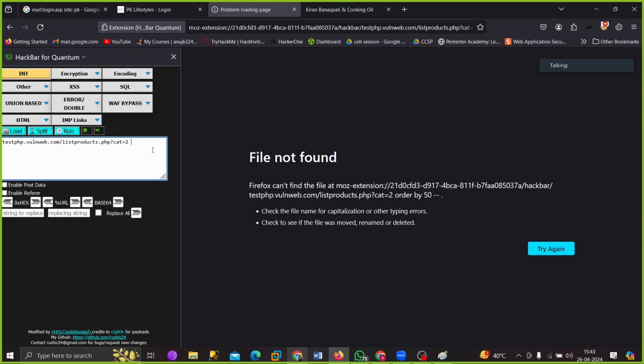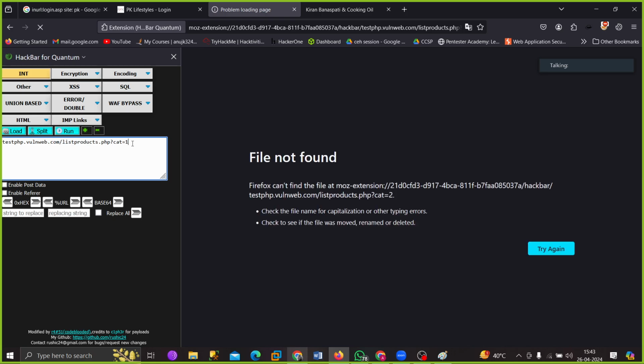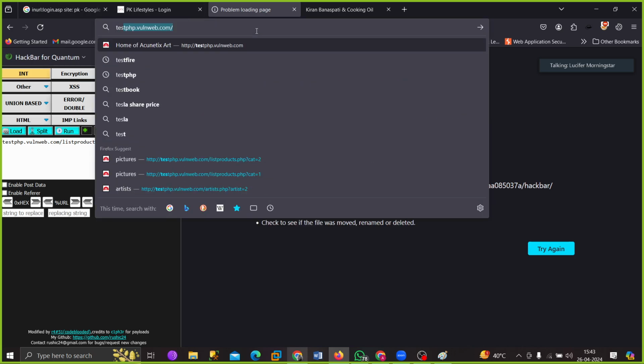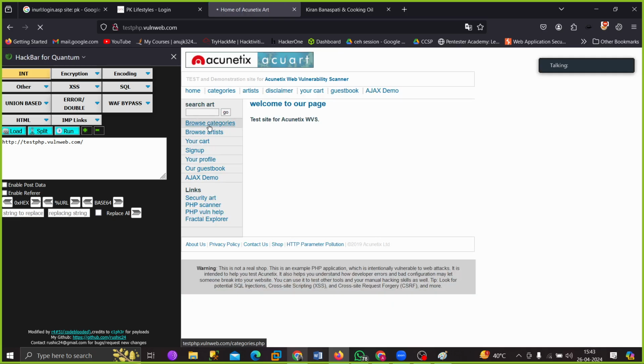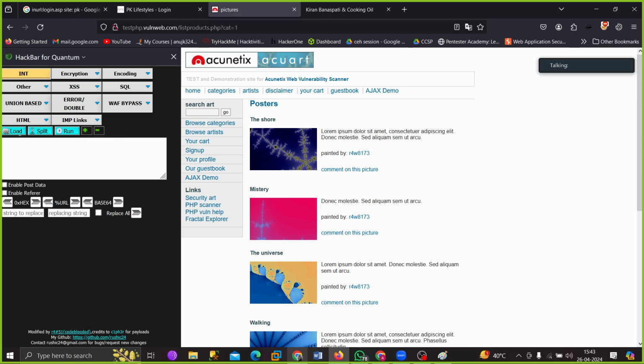Hackbar Quantum is something you can use to load, because every time you change over here it gets changed, so using this will help you save your time.